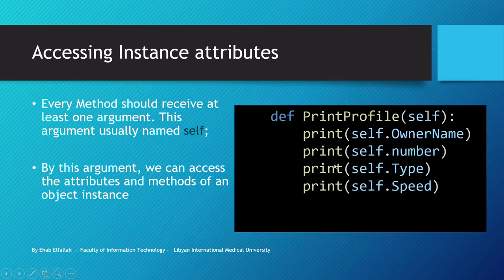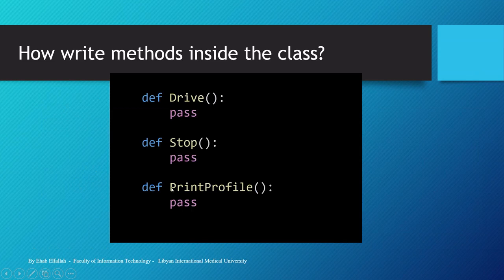Okay, accessing the instance. Usually every method in the class should receive at least one argument. This argument is usually called self. If the method is empty, we can leave it like this, but usually every method must receive at least one argument. This argument represents the instance that was created from that class.